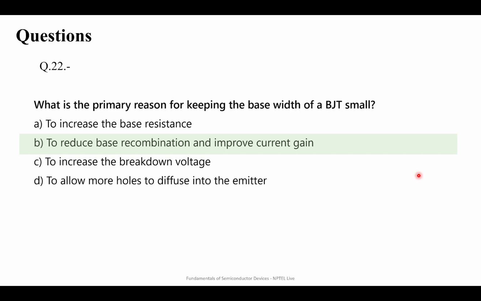And if there is not much recombination, the carriers that are coming from the emitter to your base will go to your collector. They will not be lost in recombination, and you will have lower IB and higher IC, and that will improve your current gain.